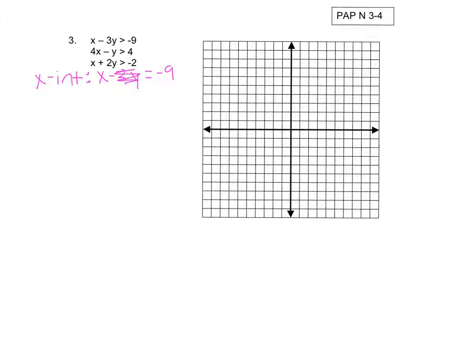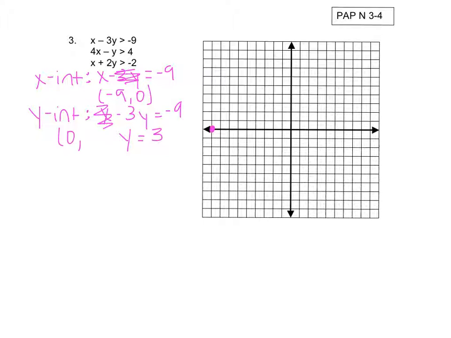I know y is 0, so x would be -9. And then the y-intercept. Make sure not to cover up that negative in front of the 3y. So when you divide that, y is going to be +3.